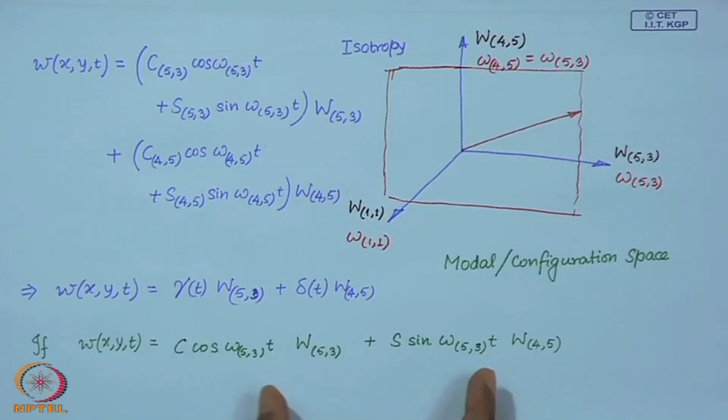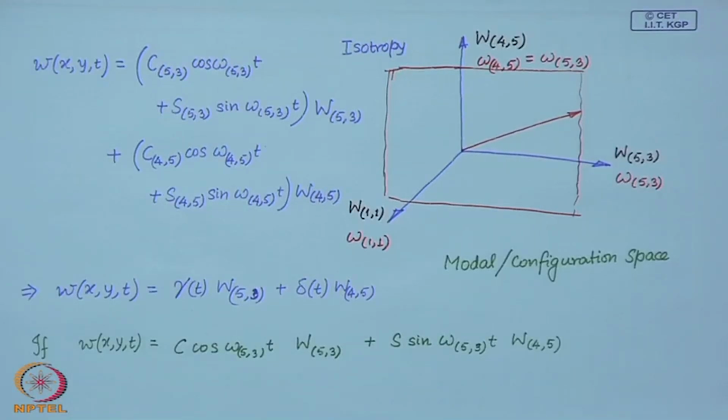In that case, you have a fixed kind of shape of the membrane vibrations. So, this is an interesting feature of modal degeneracy, which is present in membranes and not in strings.